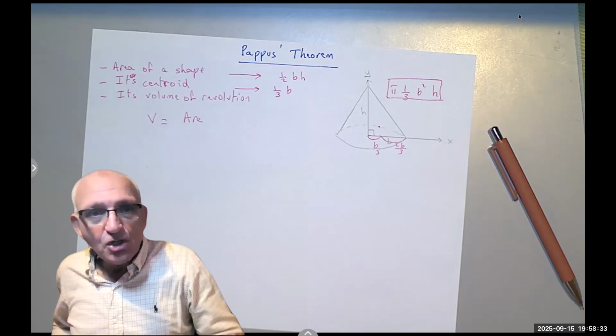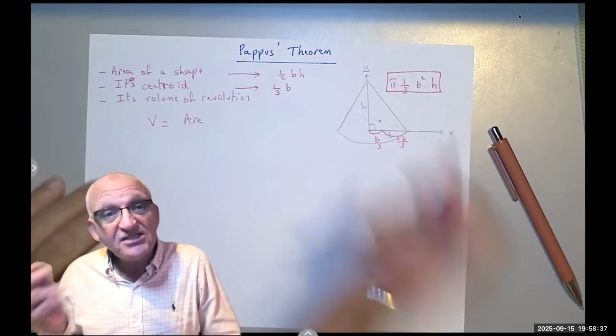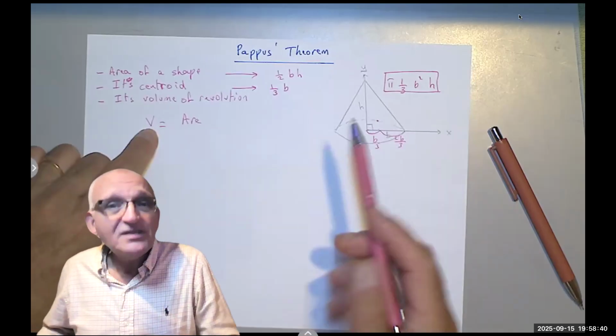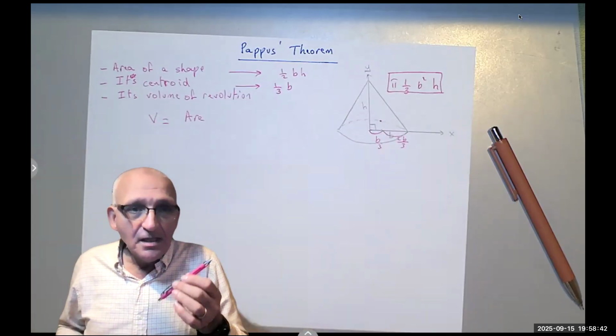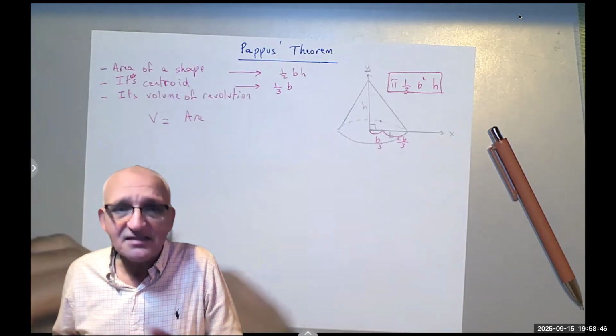Alrighty. So what Pappus is saying is, if you know the area that generated that volume, which is what is the area that generated the cone when we rotated that 1 full turn about the y-axis, it's a triangle.